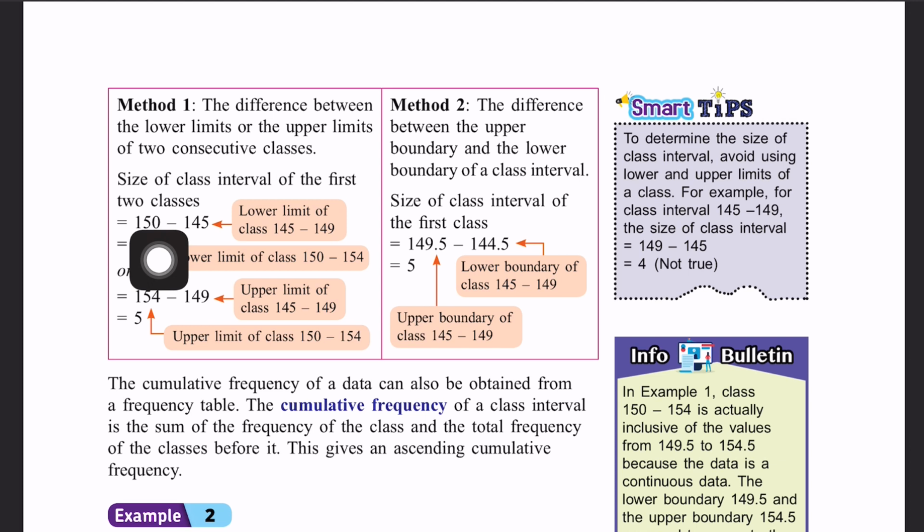Kita ambil lower limit, tolakkan, kita akan dapat 5. Ataupun kita boleh gunakan the difference between upper and lower boundaries. Kita tolakkan, dapat 5 juga. Sama. Terpulang pada awak nak guna class interval, lower limit, upper limit ataupun lower boundaries dan upper boundaries.